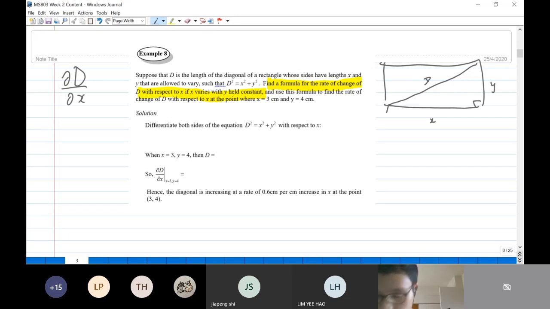So how do you do that? There are many ways to do that. You can first simplify d first. d is equal to the square root, right? Or I can differentiate directly with respect to d squared. This is one way.